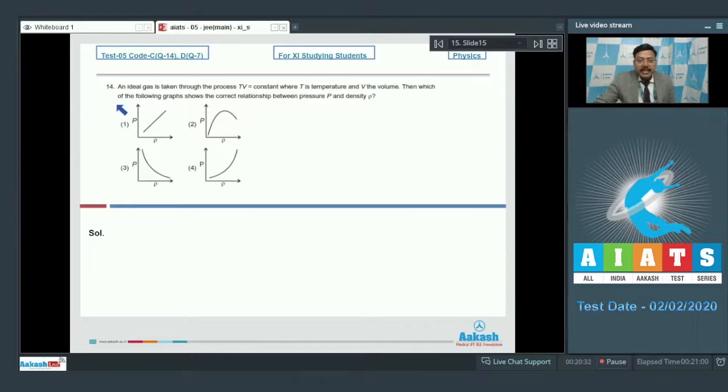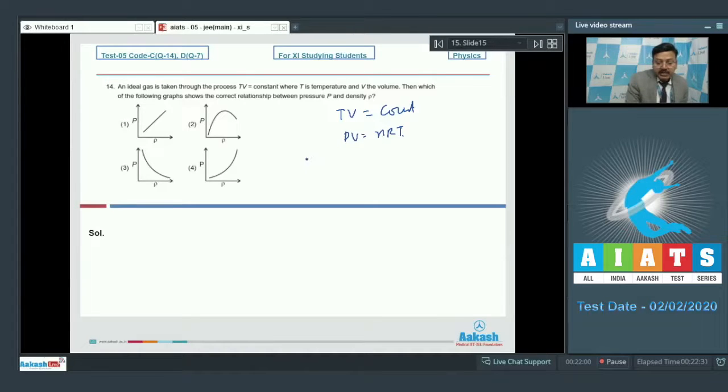Question 14 says an ideal gas is taken through the process TV is equal to constant, where T is temperature and V is the volume. Then which of the following graphs shows the correct relationship between pressure and density? Well, the equation is given as TV is equal to constant, and let's try to get rid of T by using the equation PV is equal to nRT.